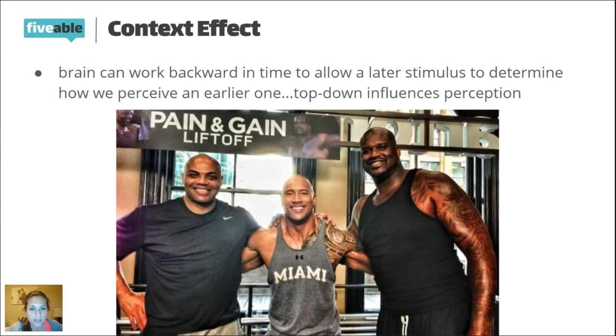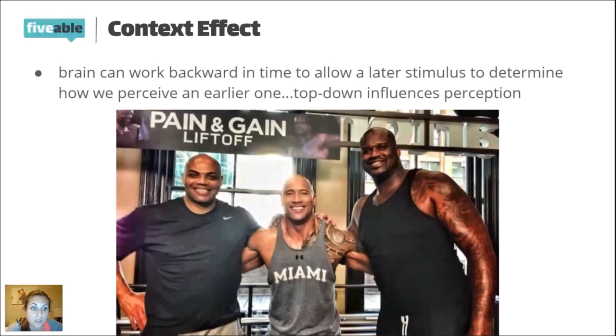If you didn't know who these guys were, you'd think that guy in the middle looks kind of little, right? Doesn't he look kind of shrimpy next to Shaq and Charles Barkley? But because of the context, because I know Shaq's huge and Charles Barkley is huge and The Rock's a pretty big dude too, I can work backwards in my brain and understand that that's not a little dude in the middle.